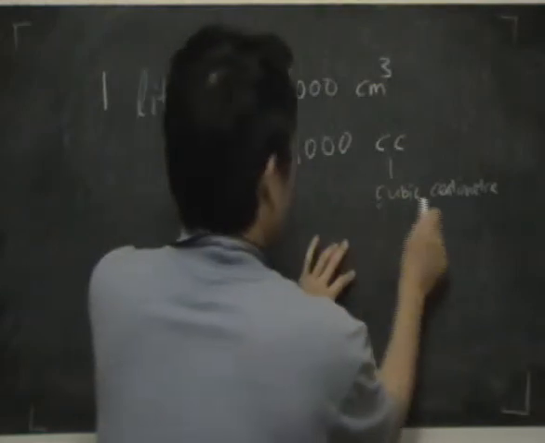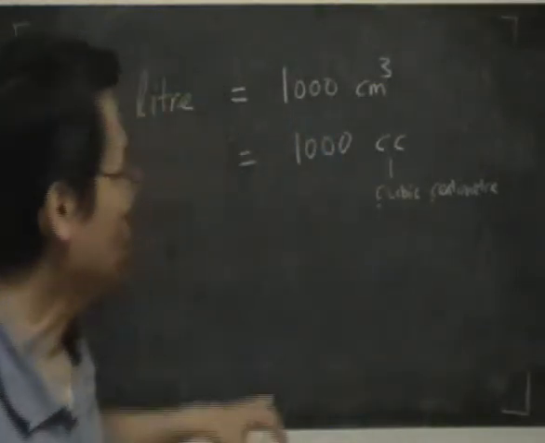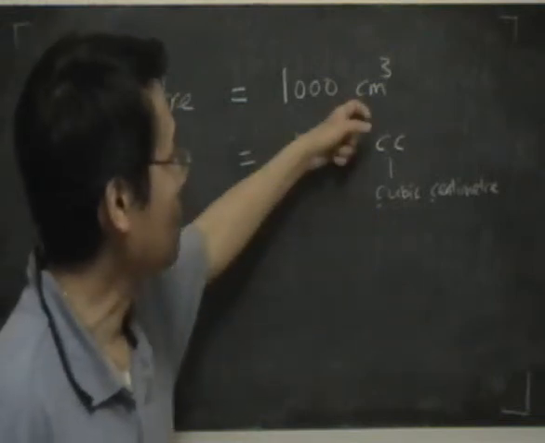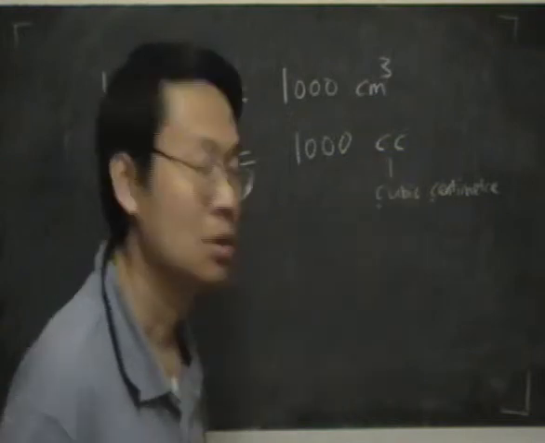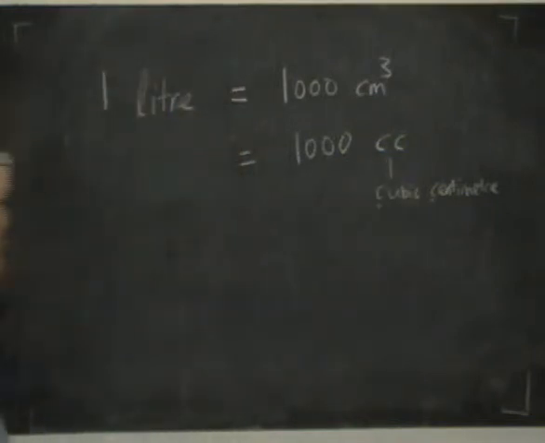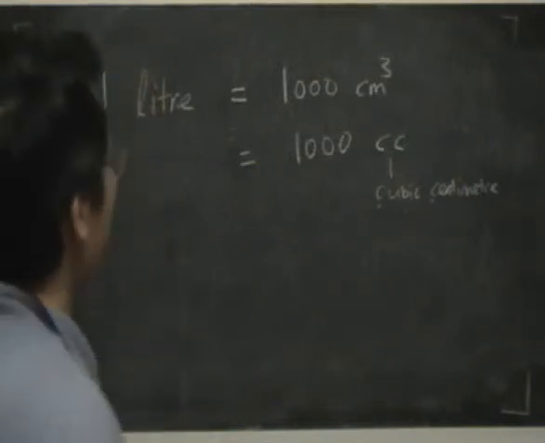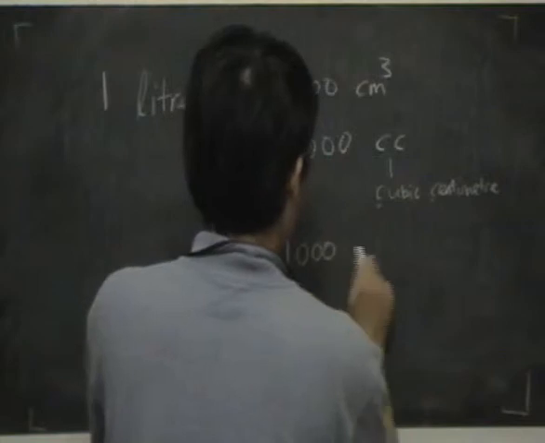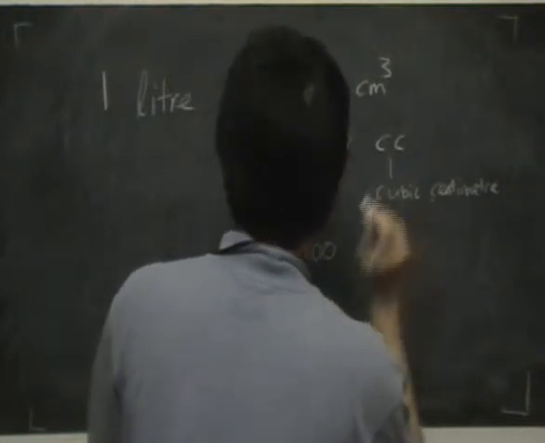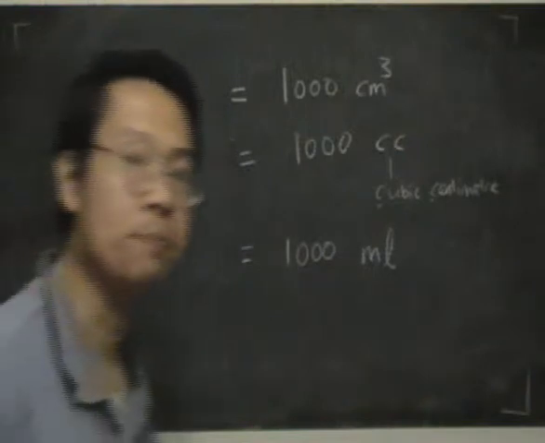So cc, cubic centimeter. So as I just explained, cubic centimeter means the same as centimeter cubed, but you do see cc sometimes. Now there is yet another way of writing this. 1000 ml. Right. Now what is ml?